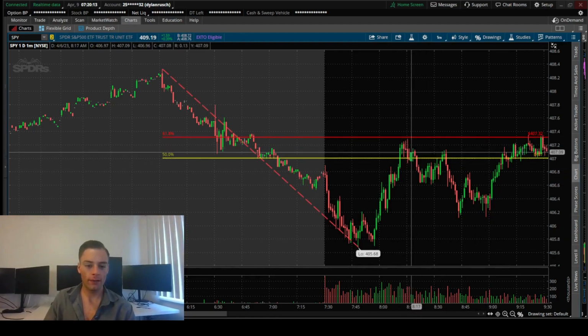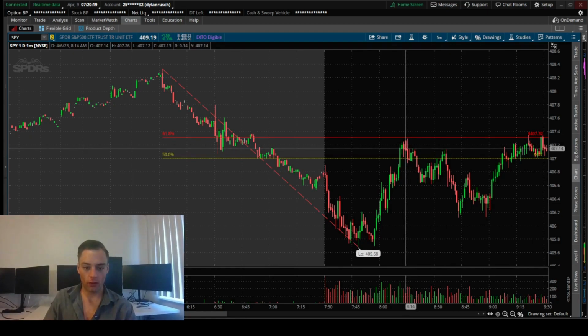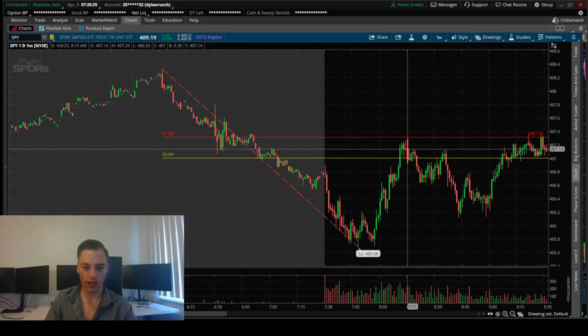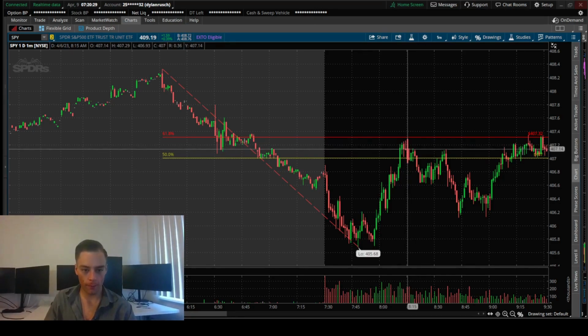What I look for in these areas is candlesticks of rejection. We can see that we have longer wicks on our top side than our bottom side, showing that there's seller strength and rejection at the price when it gets up to this point, which in turn makes me go short.